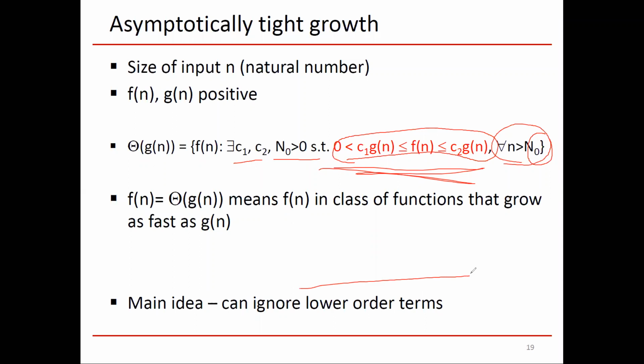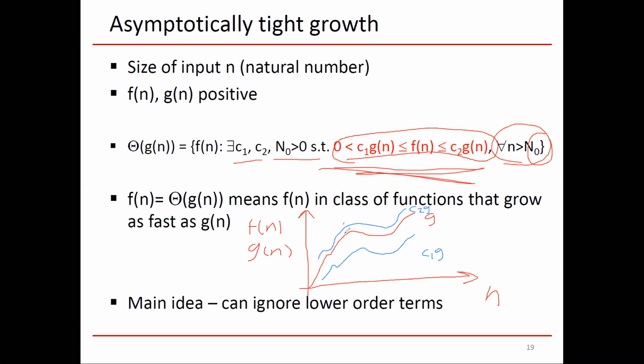So you can imagine that this would be n, horizontal axis, vertical axis. We would have f of n and g of n. So let's say that g of n is this thing. And let's say that c1 times g is this thing, and c2 times g is this thing.